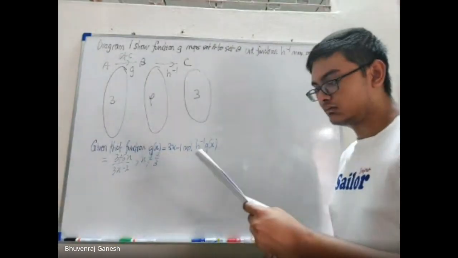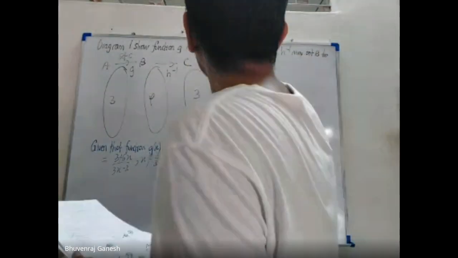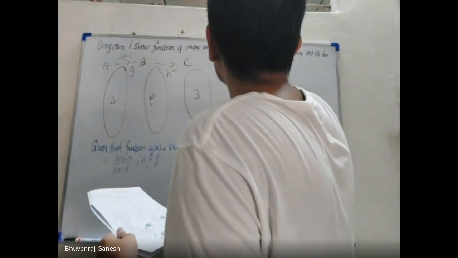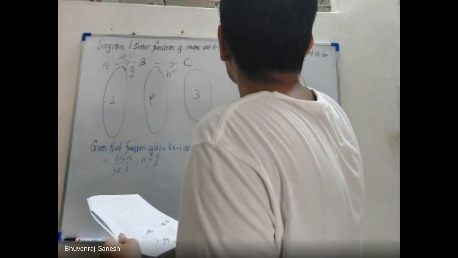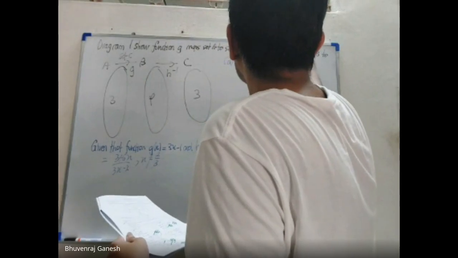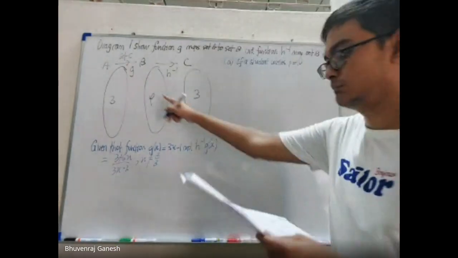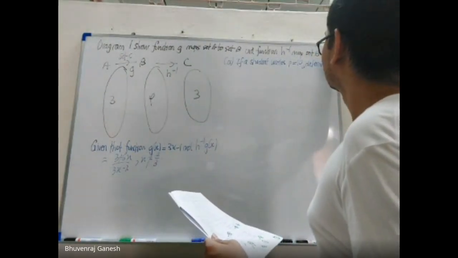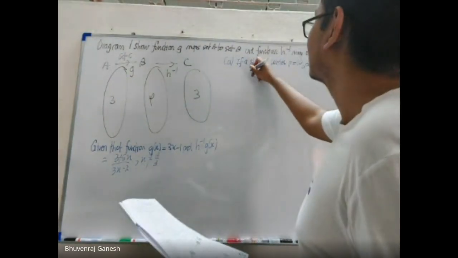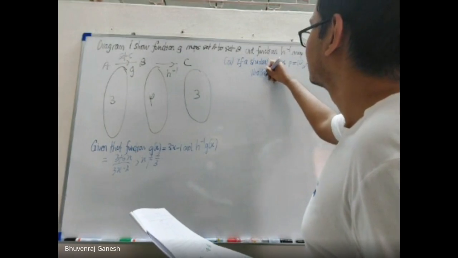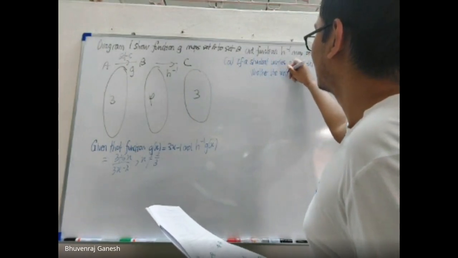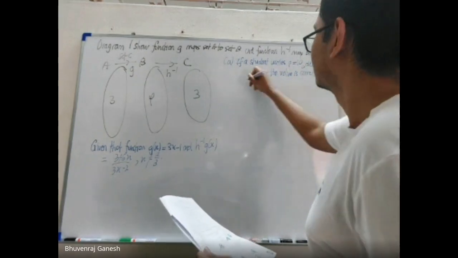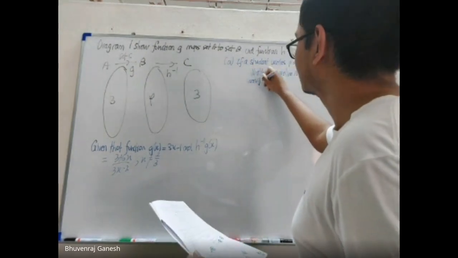So now they come out with question A. They say if a student writes P equals 10, so there's a P here. So they ask you to determine whether the value is correct or wrong. And then they also say give your reason.